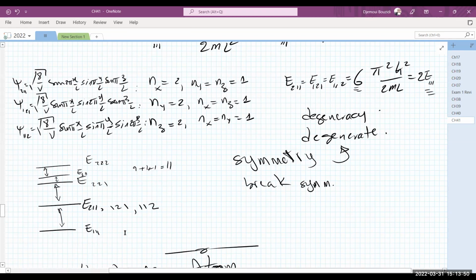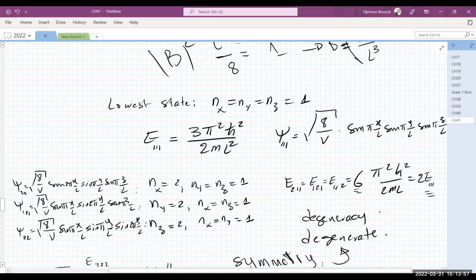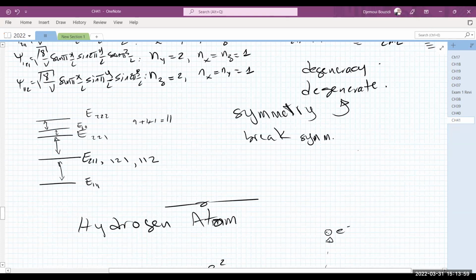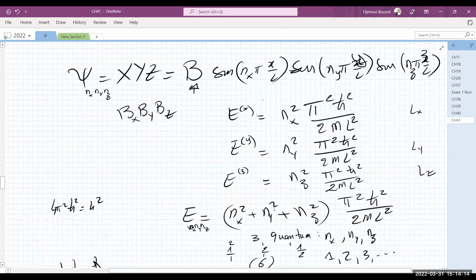One way to lift this degeneracy, or remove the degeneracy, is to take a non-symmetrical shape. Basically, take a box of length L1, height L2, and depth L3. If you do that, then of course the solution will be different, because you will have a term divided by L1 squared, divided by L2 squared, and divided by L3 squared.